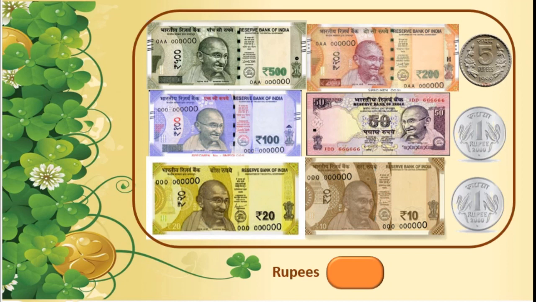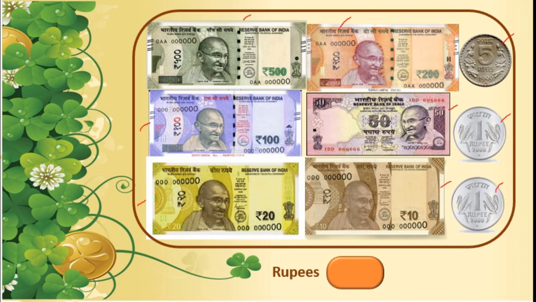Got the answer? Okay, I will count. This is 500. Okay, 500 plus 200, that is 700. Okay, now this is 800, right? Now add this, 850, 870, 880, 885, 886, 887.